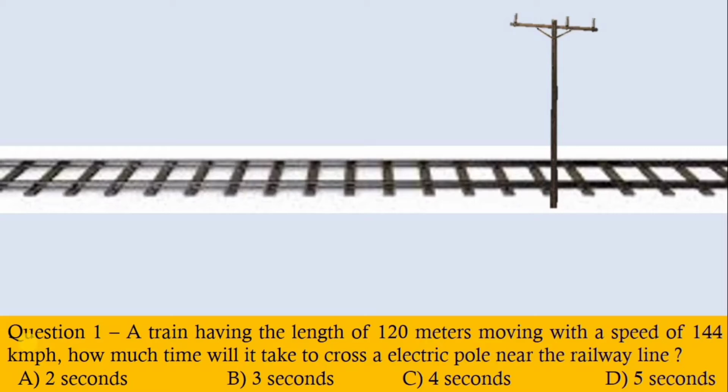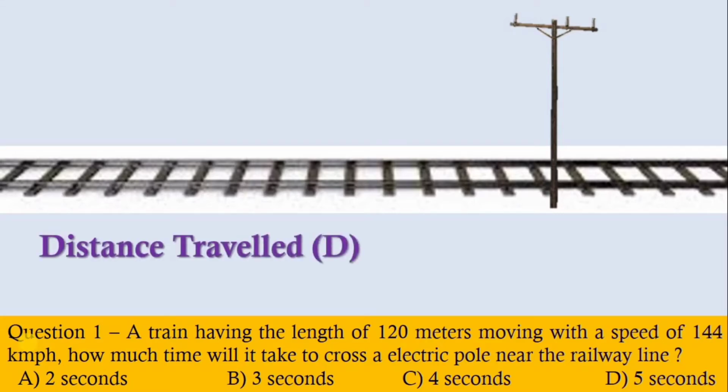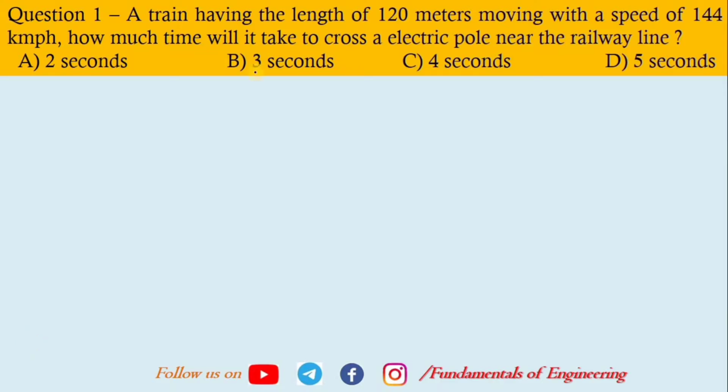For that, remember the concept: the distance traveled by this train, which is capital D, is nothing but the length of the train. We are given the length of the train, which is 120 meters, so we can take the distance as 120 meters. And the speed of the train is given as 144 km per hour.